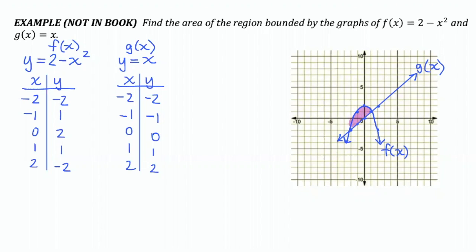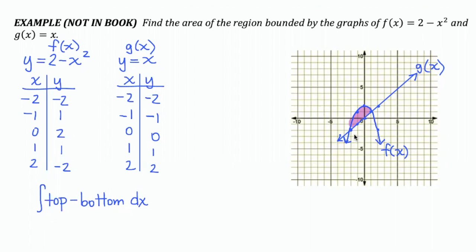So now I can write an integral that will allow me to find that particular shaded area. And to do that, I'm going to remember that we integrate the top function minus the bottom function. We integrate in terms of x when we're doing top minus bottom.